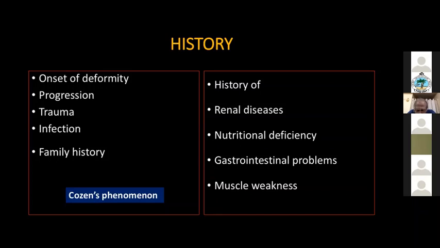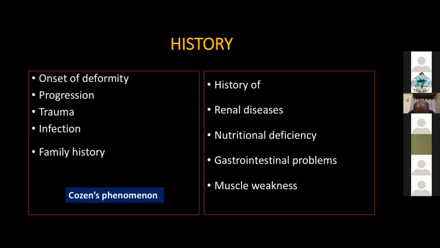Why is muscle weakness important? Why do you want to ask whether the child is having difficulty in getting up from a sitting position in a genu valgum? Somebody answer. Muscular dystrophy? Not muscular dystrophy.